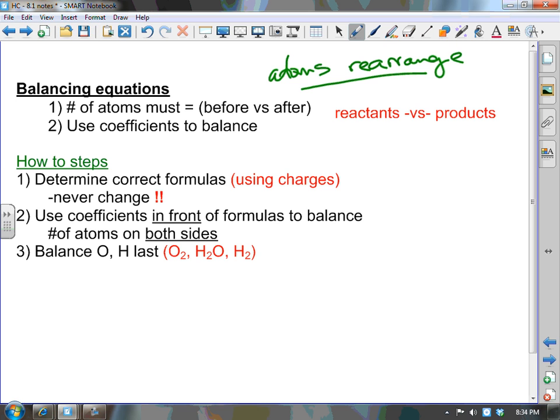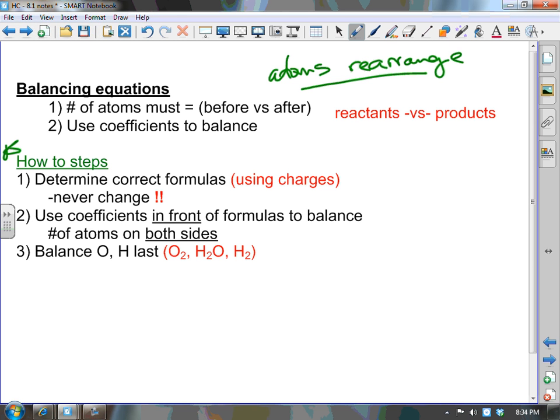So it's very simple, the counting. Number one, when you write chemical formulas, you've got to get the right formulas, the right charges, and the right subscripts, and then don't change them. We never change subscripts. Those subscripts are based upon the correct formulas and the correct charges, and then we don't touch them.